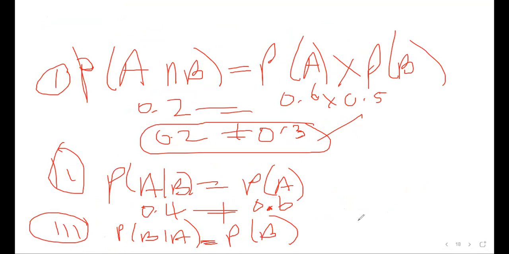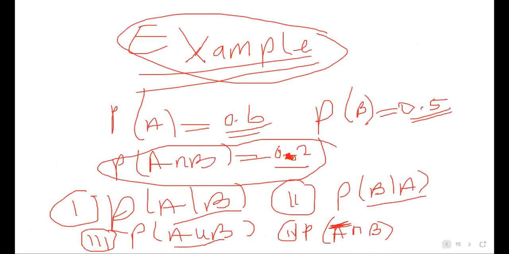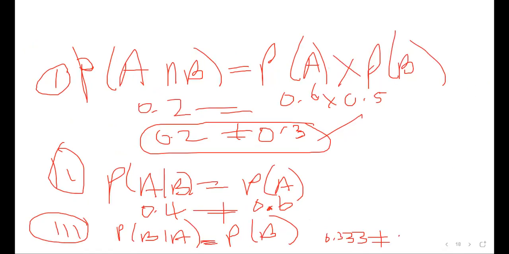So B given A, we found what? 0.333. 0.333 is not equal to probability of B. Probability of B is what? 0.5. So these events are not independent.